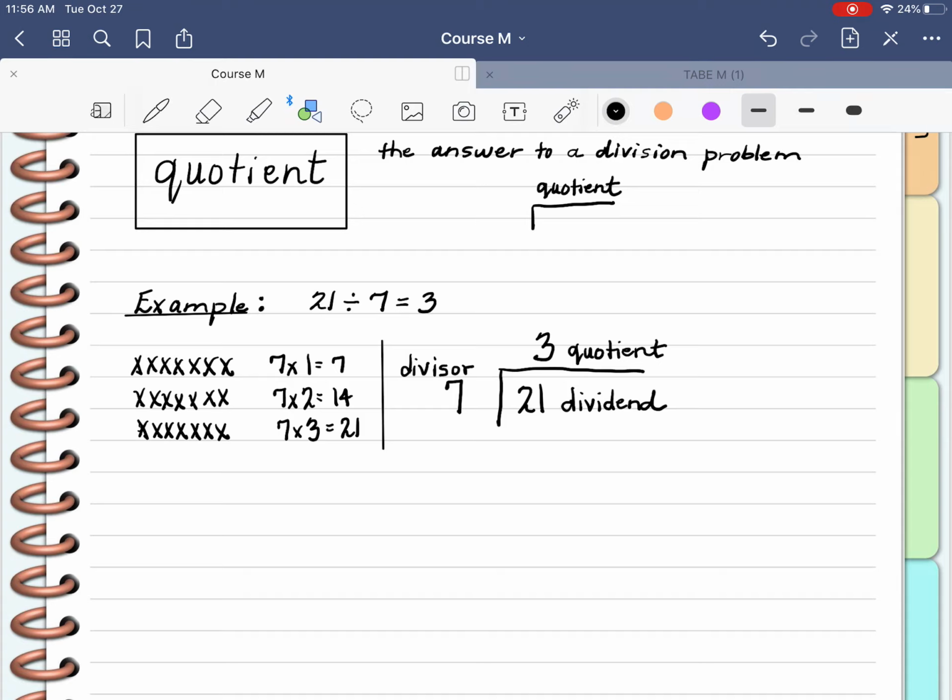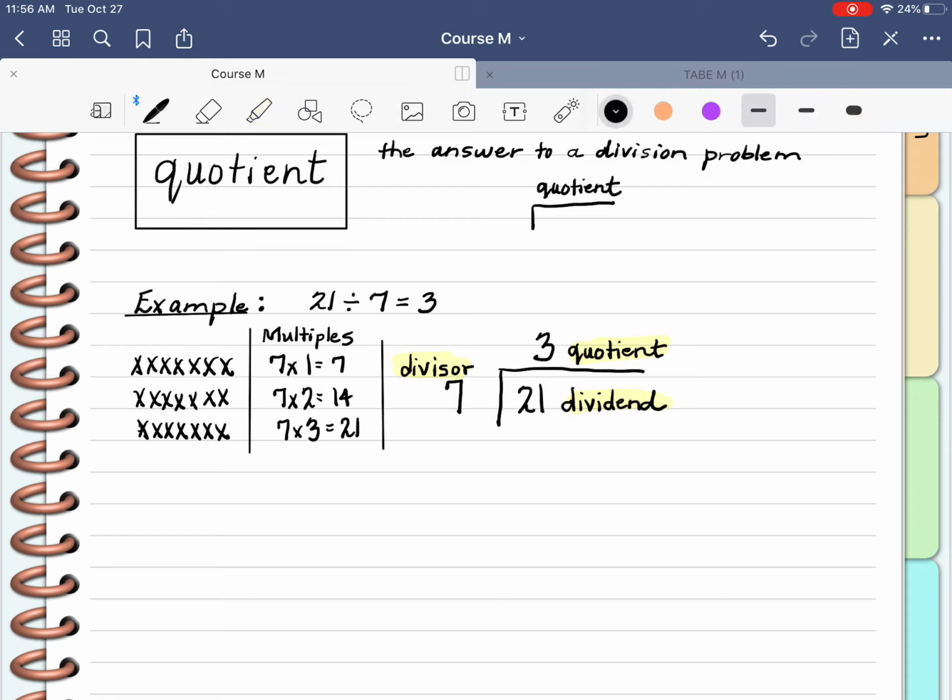So these are called the multiples of 7. And I will be listing multiples in these examples. I will not be drawing the x's. I won't draw out those iterations for you. We're listing the multiples but not drawing the picture. But here are the terms: divisor, quotient, and dividend in a division problem.